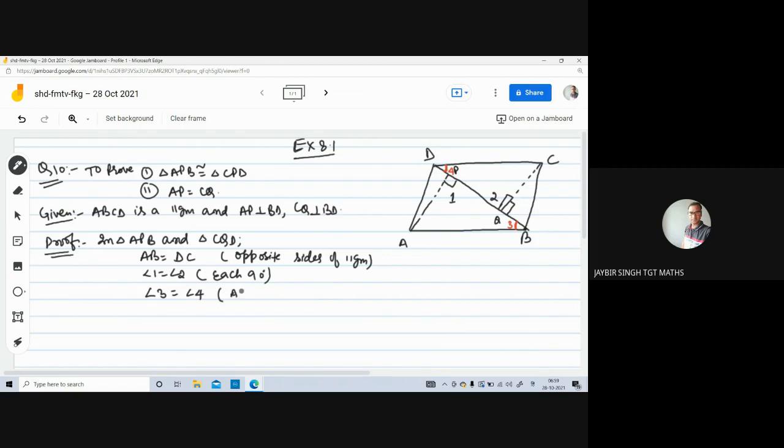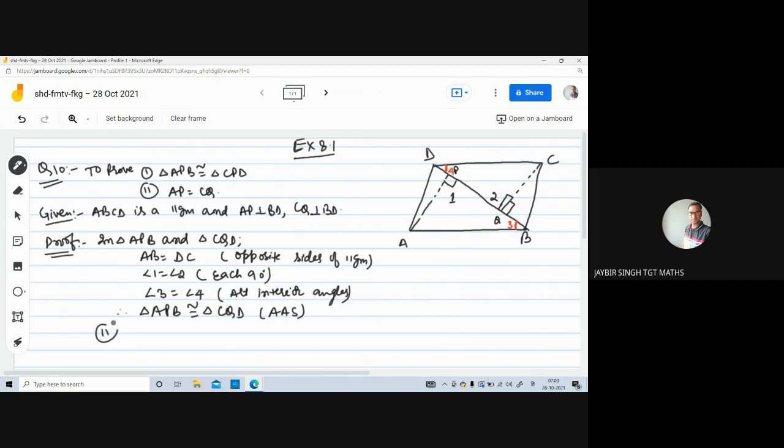These are alternate interior angles. Therefore, triangle APB is congruent to triangle CQD. Congruency is AAS. So first part is proved.